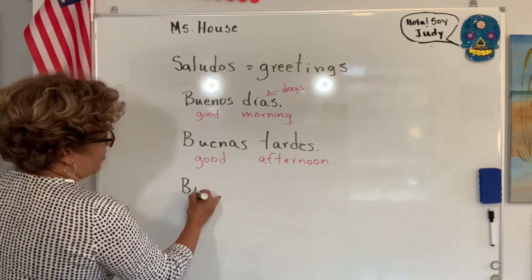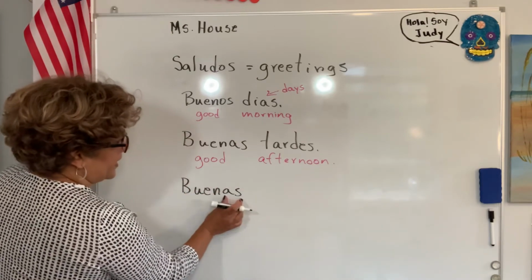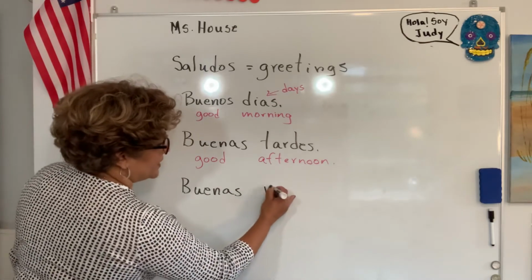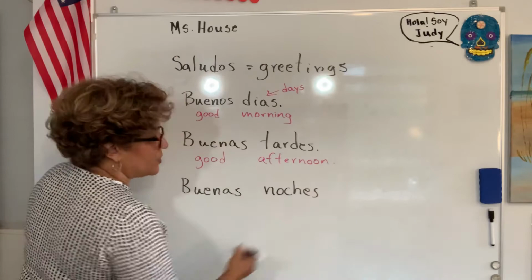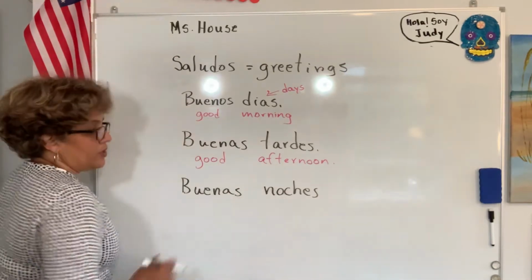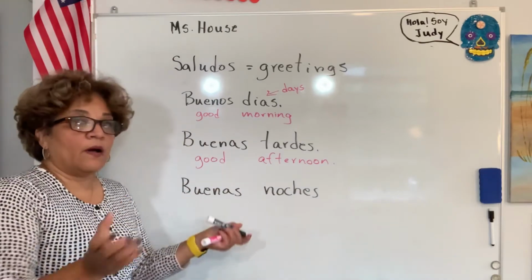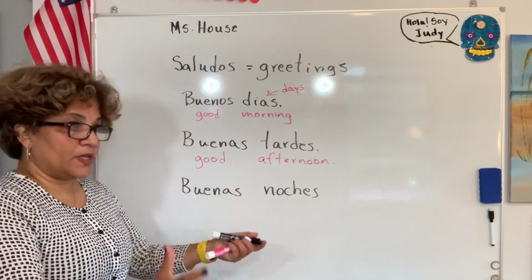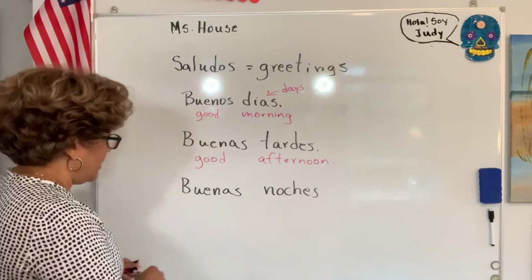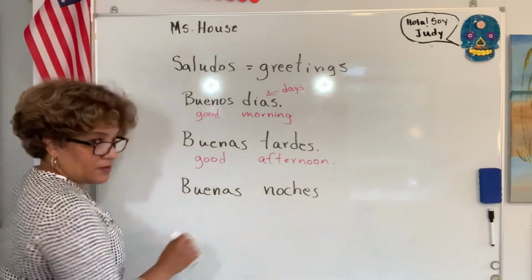You would say buenas, and yes, you guessed it, it's an AS because noches is a feminine noun. Buenas noches, and you can say buenas noches at the beginning when you enter somebody's house, somebody's space, or you greet somebody at night. And when you leave, you say the same thing, buenas noches.